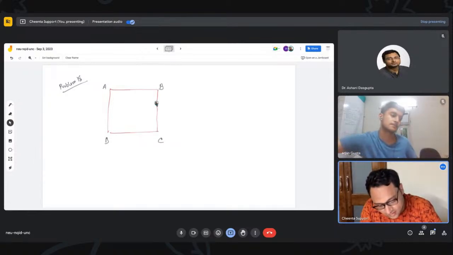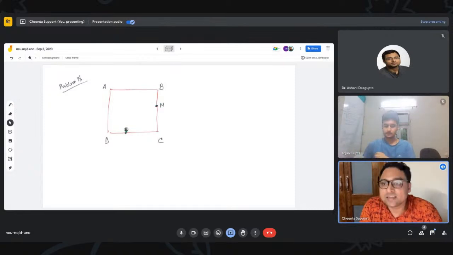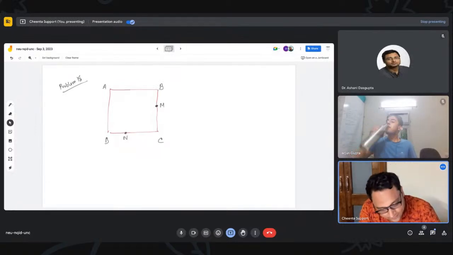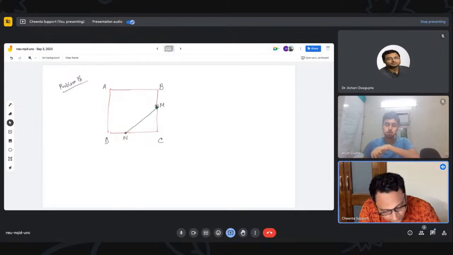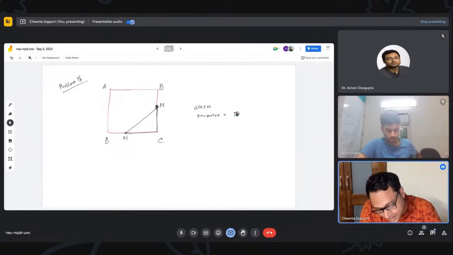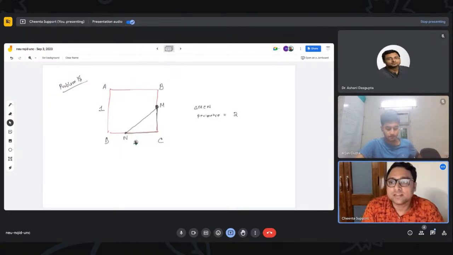M is on BC and N is on CD, such that the perimeter of the triangle MCN is given to be 2. So the side length of this square is 1, and the perimeter of the triangle MCN is 2.